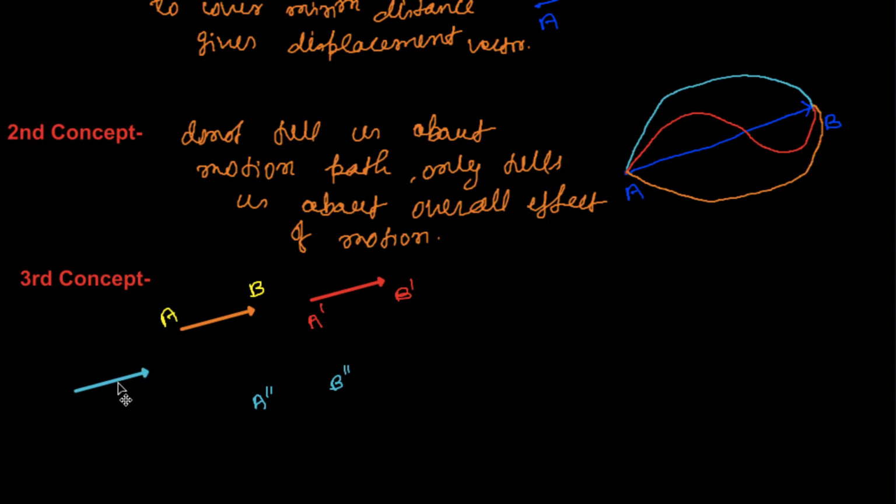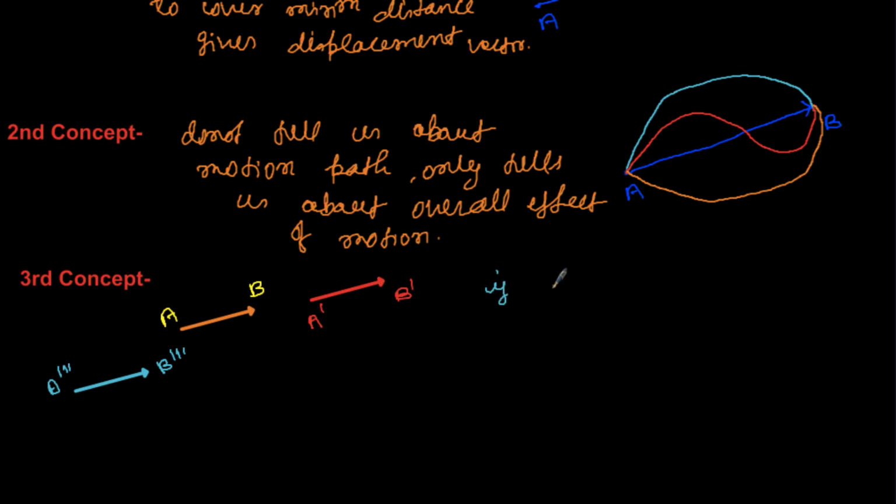Suppose we have done it here. So now it will become A triple dash and B triple dash. What is the conclusion?